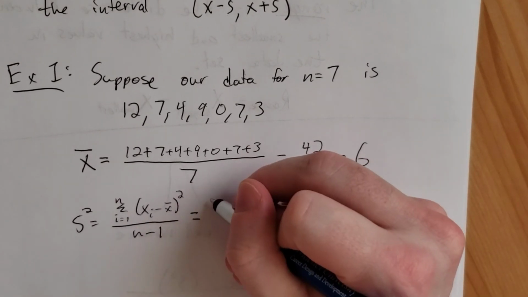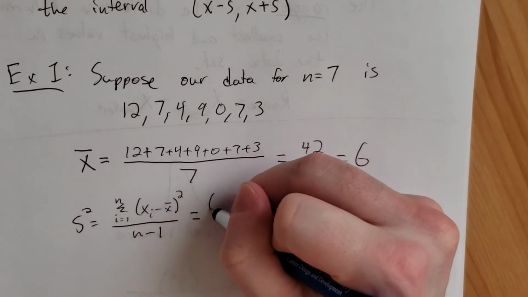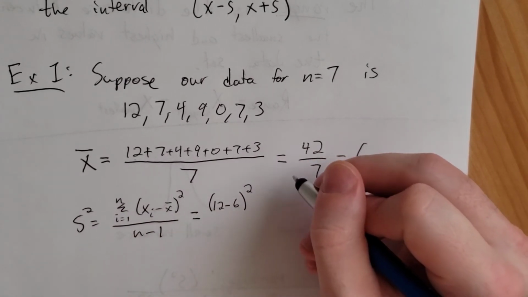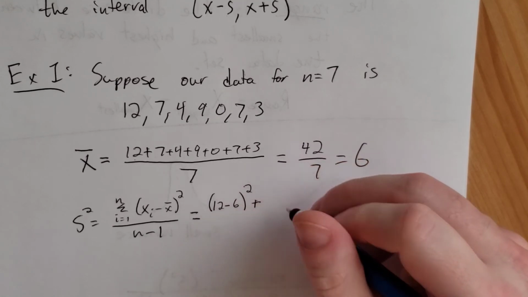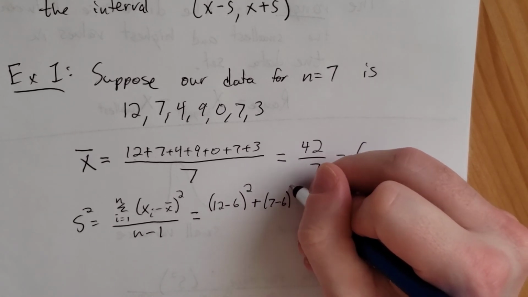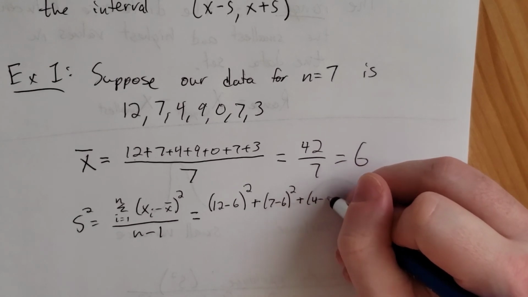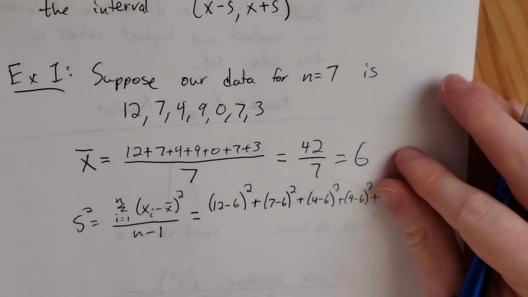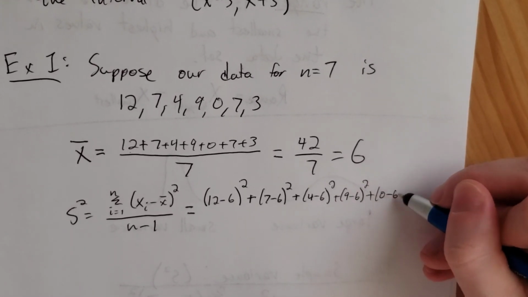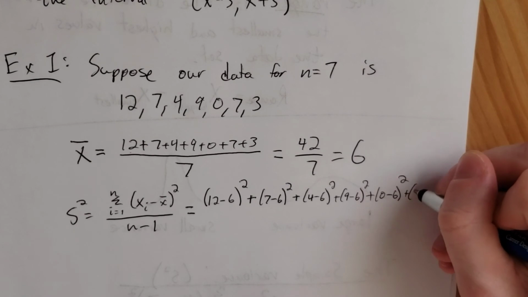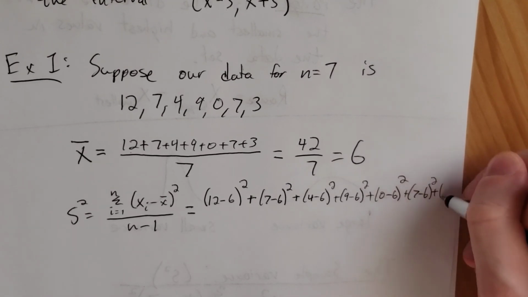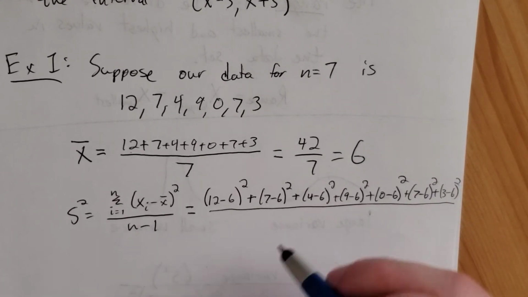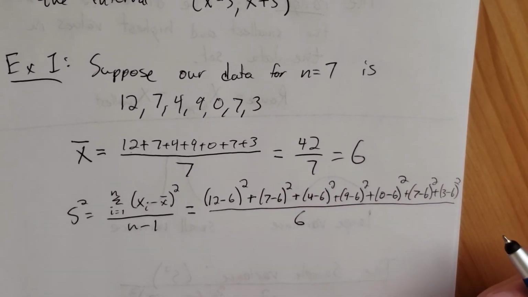This is 12 minus 6 squared plus 7 minus 6 squared plus 4 minus 6 squared plus 9 minus 6 squared plus 0 minus 6 squared plus 7 minus 6 squared plus 3 minus 6 squared, all divided by n minus 1. n was 7, so n minus 1 is 6.